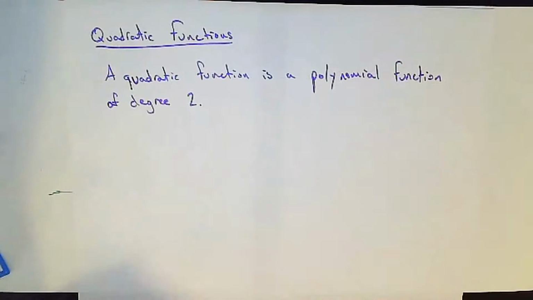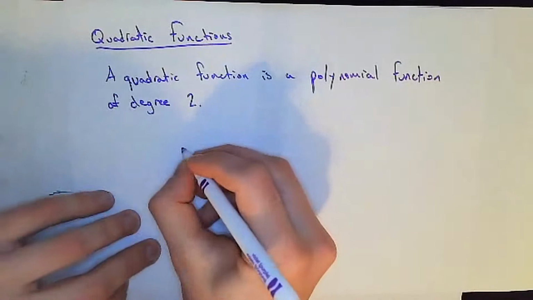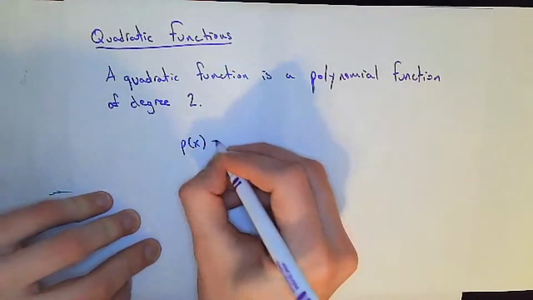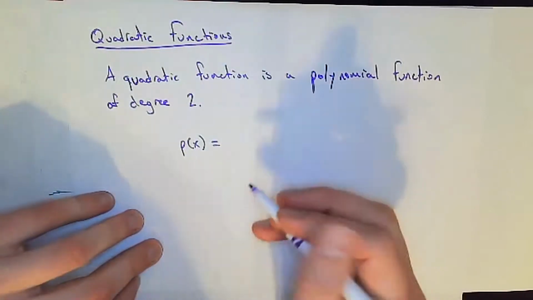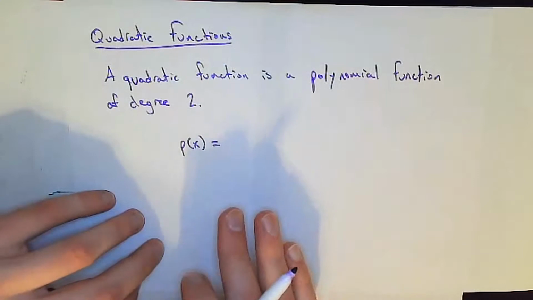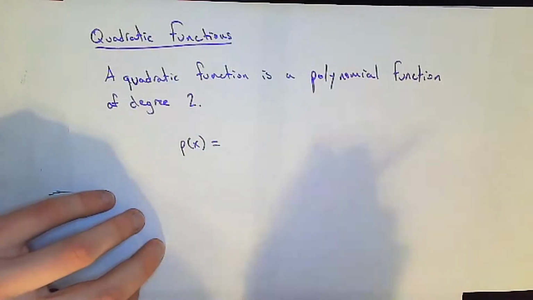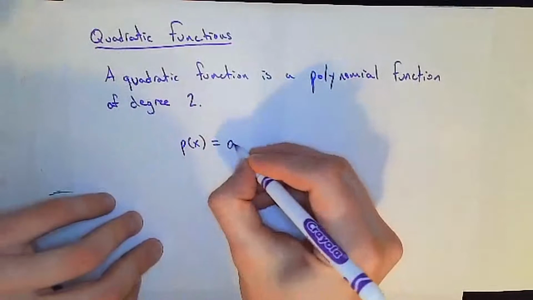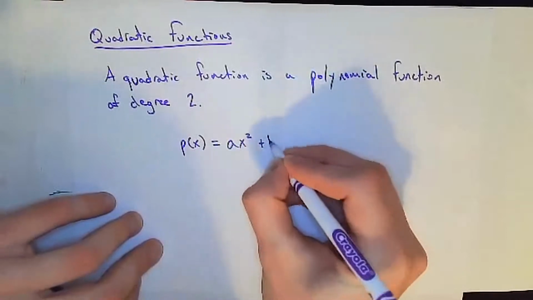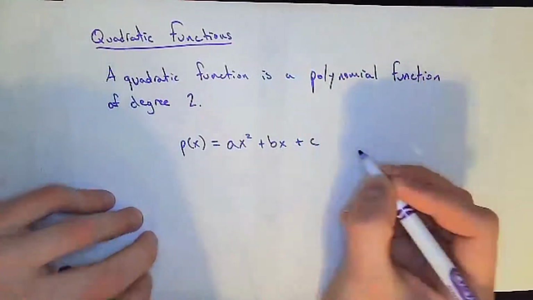And the way we write a generic quadratic function is we could say p of x. Since we know there's only 3 terms, we can just notate the coefficients using alphabet letters instead of a sub 2, a sub 1, a sub 0. I can say ax squared plus bx plus c.